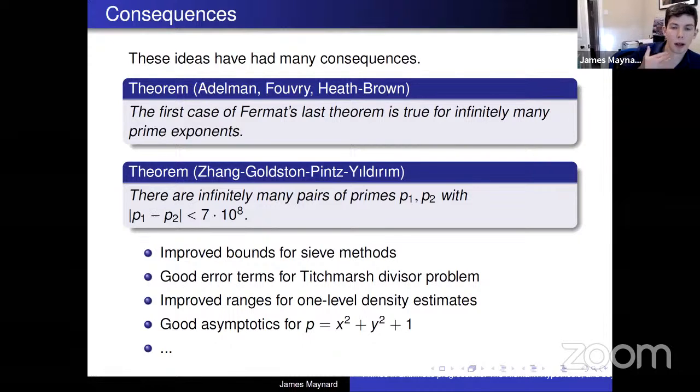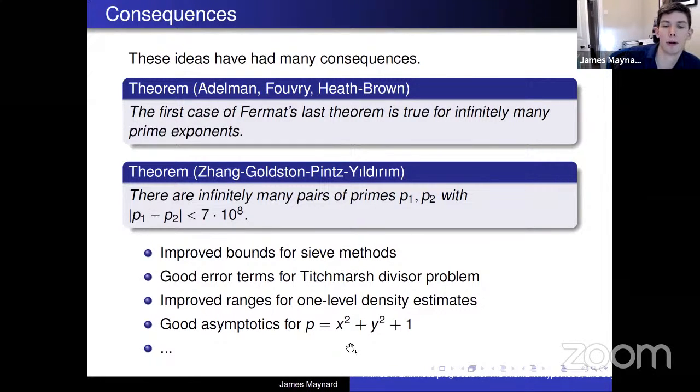So automatically, from the point of view of sieve methods, these results of Bombieri, Friedlander, and Iwaniec overnight improved a whole load of different estimates, because you could now replace lots of values of 1/2 in arguments by 4/7. I mentioned before that there were various problems such as primes being of the form x squared plus y squared plus 1, or the Titchmarsh divisor problem, and based on ideas such as these, you suddenly got good asymptotics or good error terms.